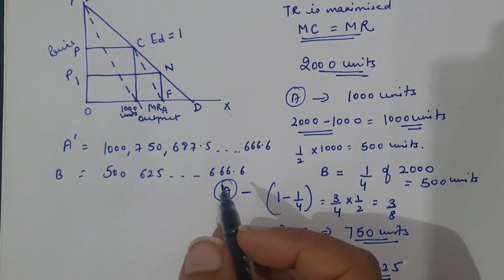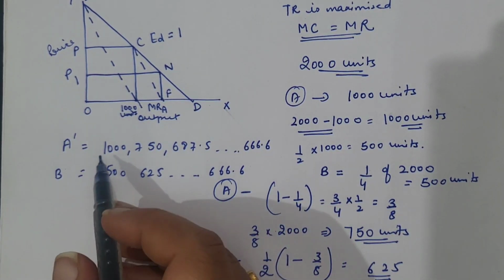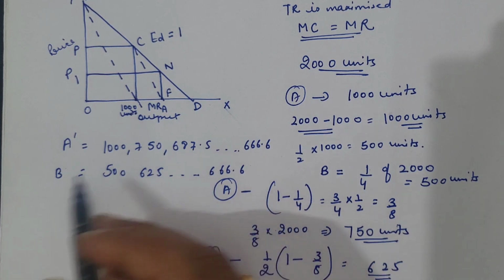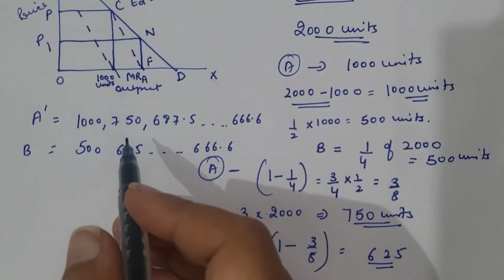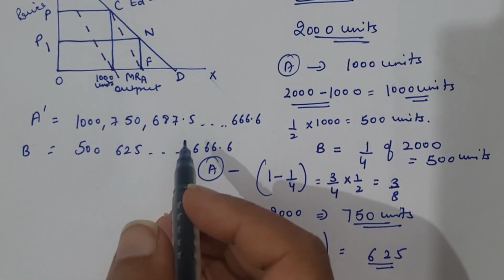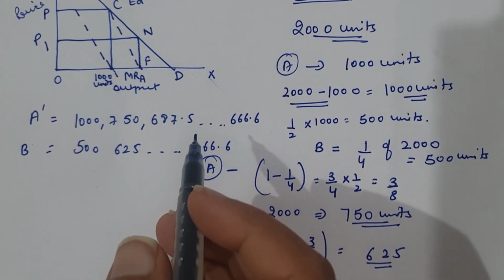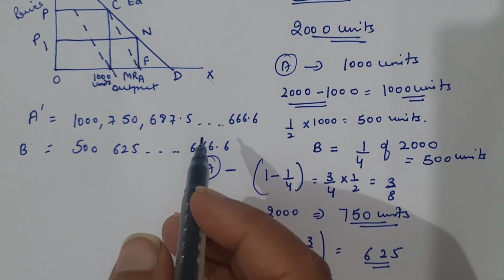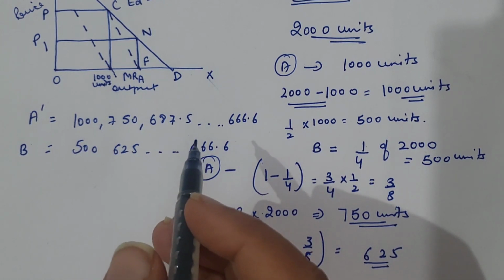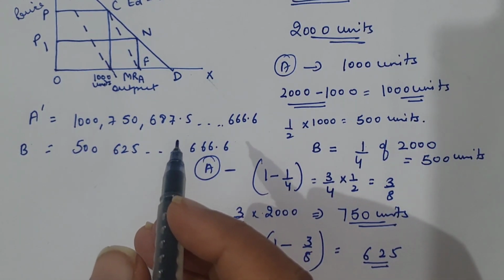So here we can see that firm A's output is declining whereas firm B's output is increasing. So output of each firm will be 1/3 of total market demand at a common price. This price is usually less than the monopoly price, but oligopoly price is higher than the perfect competition price.